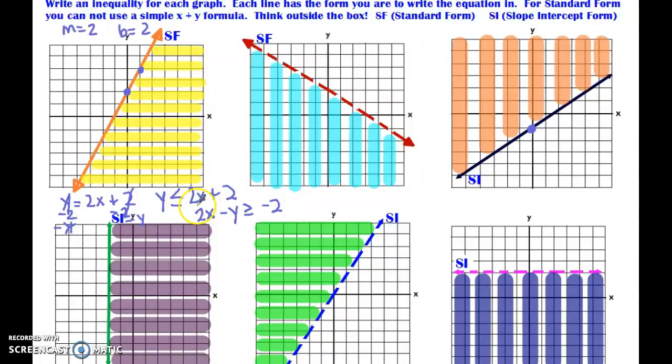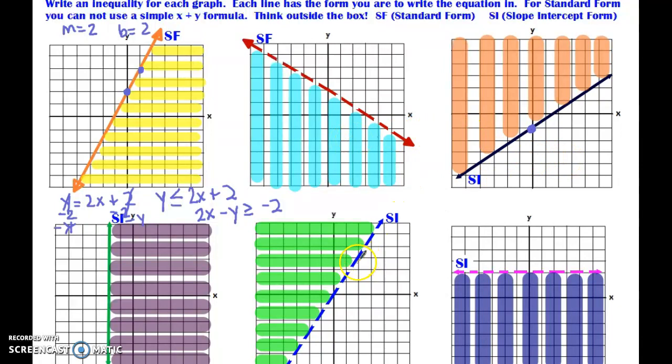I did not move the x. I kept the x the same, so keep my sign the same, okay? So it's going to be 2x minus y is greater than or equal to negative 2. This is the same thing. Y is less than that, but if I move the y over, y is not going to be greater. All right?